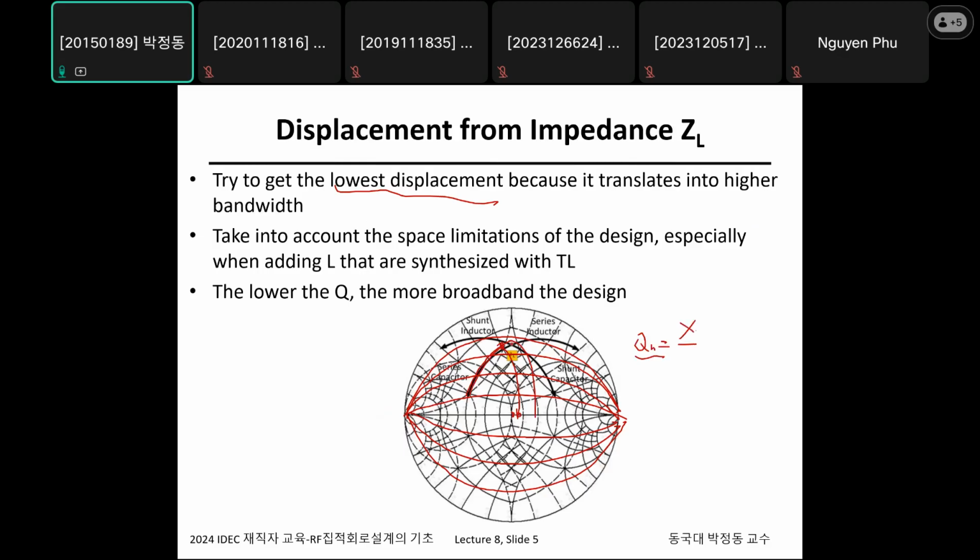This is X matching and R matching, which means if X is larger then Q is larger, which means your bandwidth is reduced. This is the fractional bandwidth. That's what it means. So in designing any matching network, to achieve a wider bandwidth, you need to touch the lowest quality factor line.